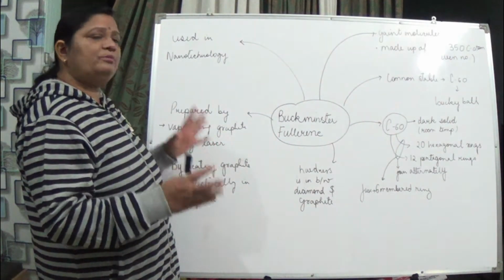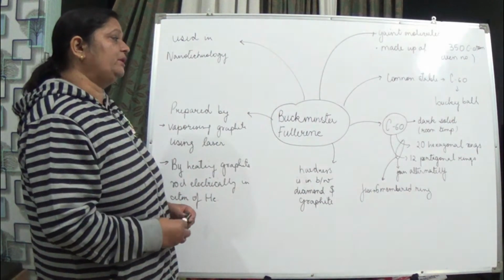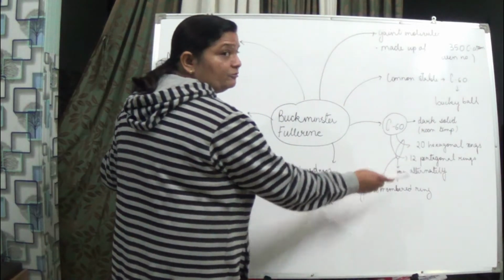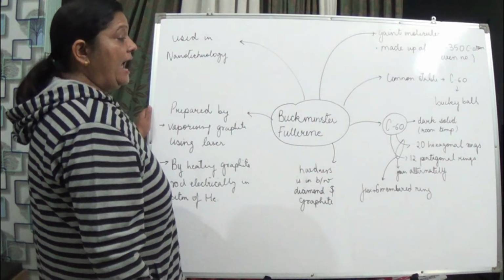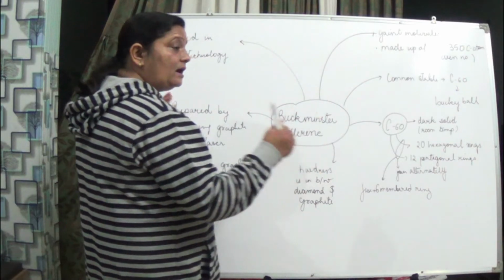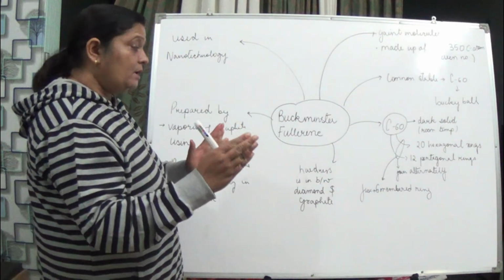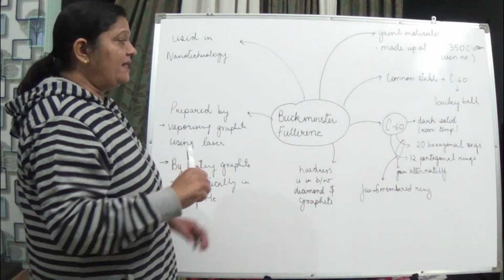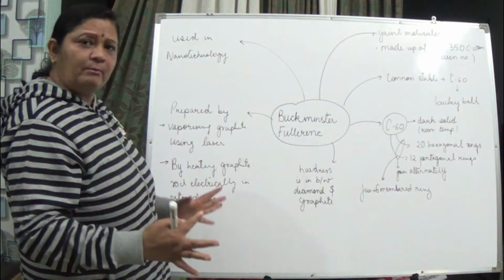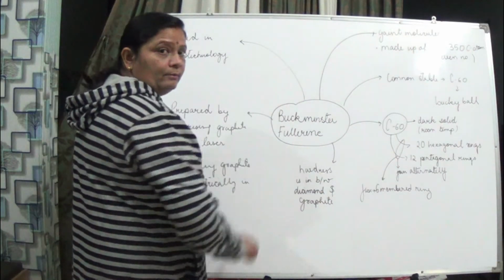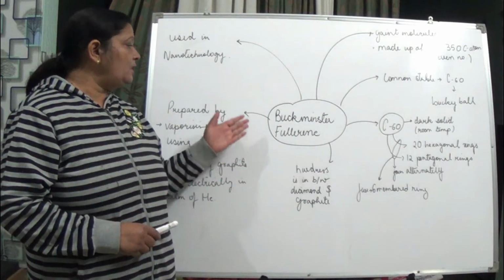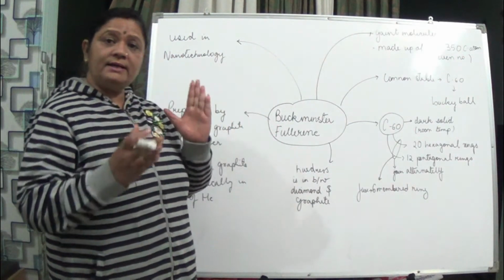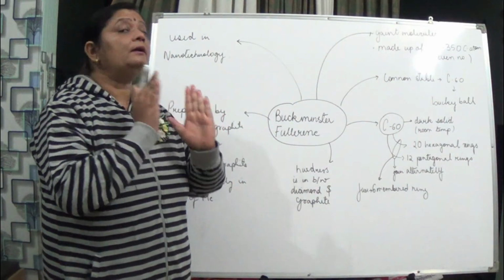Now this C60 Buckminster Fullerene is a dark solid at room temperature. It consists of 20 hexagonal rings and 12 pentagonal rings, joined in an alternate manner, and they fuse to form a ball, known as the Bucky ball. When we talk about the hardness of Buckminster Fullerene, its hardness is in between diamond and graphite.